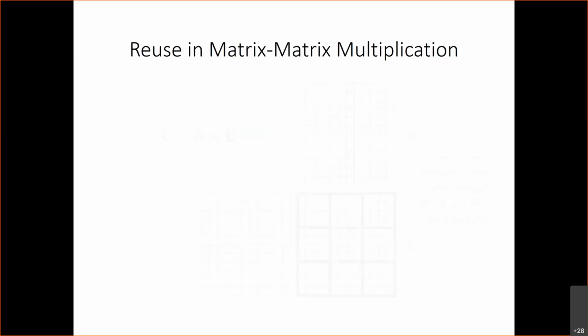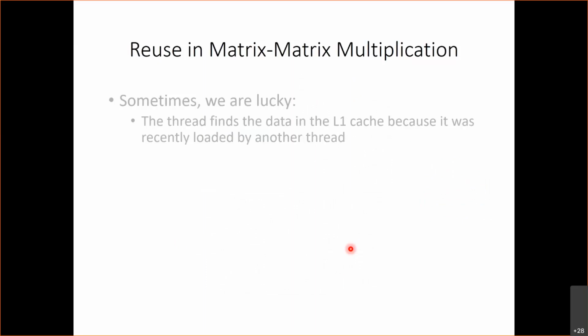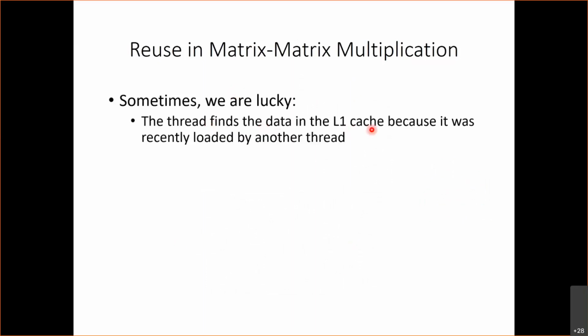Before I say, the fact that these 4 threads load these same column elements, and that these 4 threads all run on the same SM, means that if we are lucky, the threads might find the data in the L1 cache. When multiple threads are loading the same data from global memory, if they load close enough in time, they might find that data in the L1 cache.